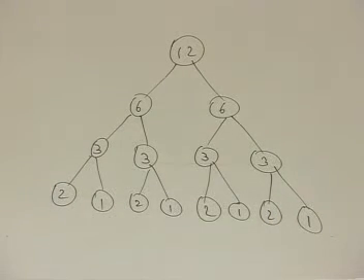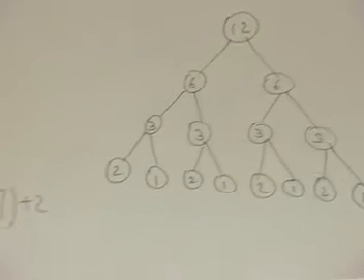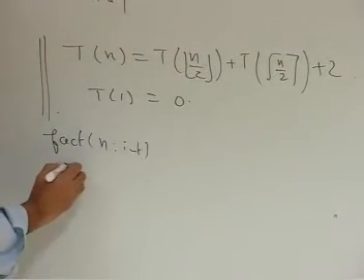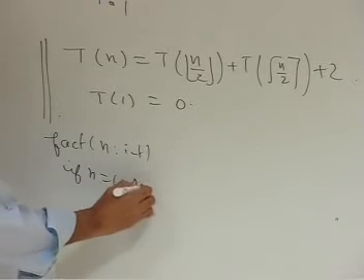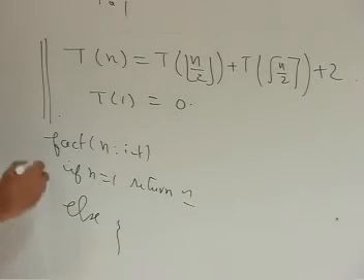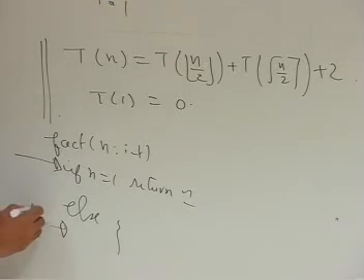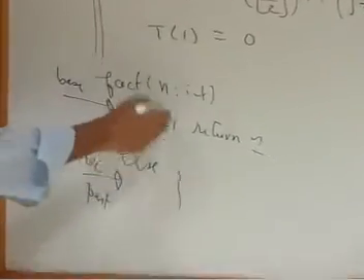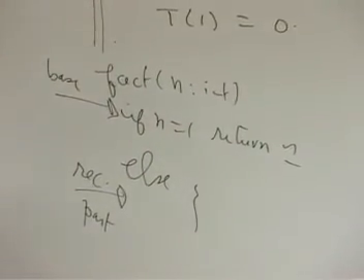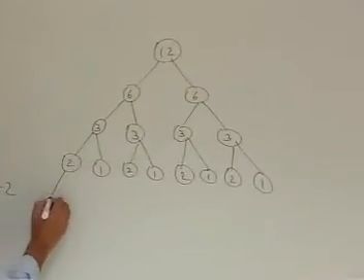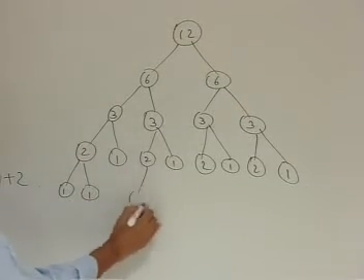And this 2 will be split further, because the base for recursion is, recall the way in which the factorial function is, you can say, let us say fact n int or whatever, if n equal to 1 return 1, else. So this is the base case, this is the recursive part. So until the base case, this particular call can return the value 0 immediately, but this one has to be further fragmented.